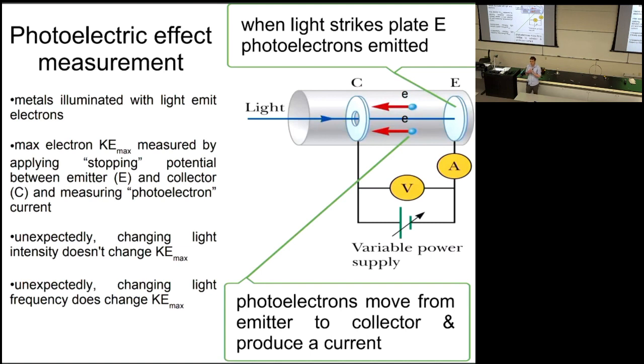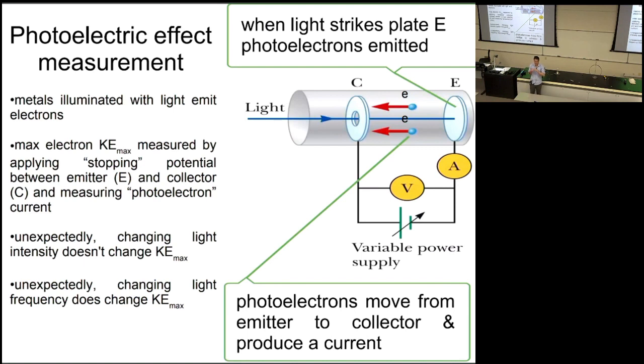And then I get a super bright lamp. That doesn't affect the maximum kinetic energy of the electrons that are emitted. You get the same maximum kinetic energy whether you use a really dull lamp or a really bright lamp. It doesn't matter the intensity of the light that you're using. It doesn't actually affect the kinetic energy of the electrons.